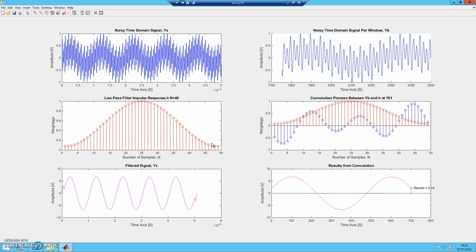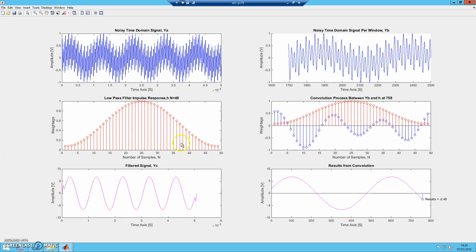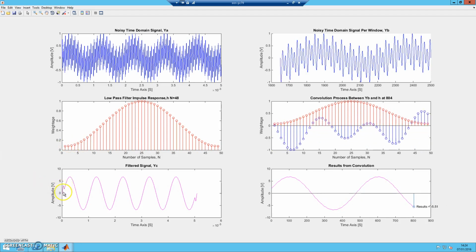Wherever 0 multiplies with the impulse response, we're going to get 0, so only one value is going to be present. That's why we have a glitch here, because the complete input set has not arrived yet. After one input arrives, the second input arrives, the third input arrives, and so on. It isn't complete yet, so that's why we have a glitch here.